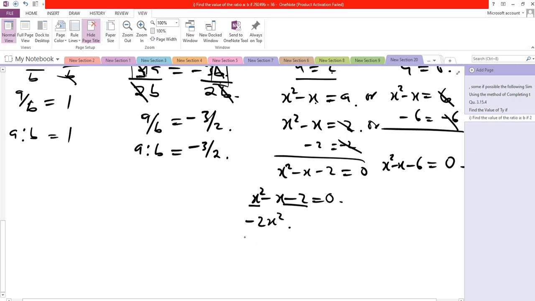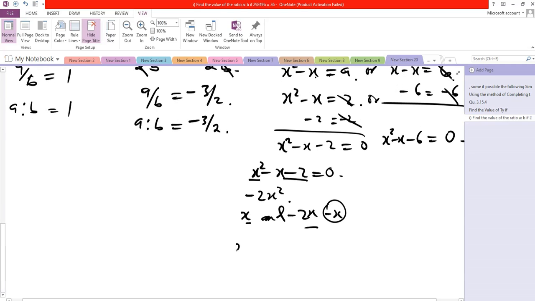The two factors here, let's use x and minus 2x. If you sum this, it will give you minus x. So that means this solves the riddle. Now we use these two factors to replace minus x. So we'll now say x squared plus x minus 2x minus 2 is equal to 0.